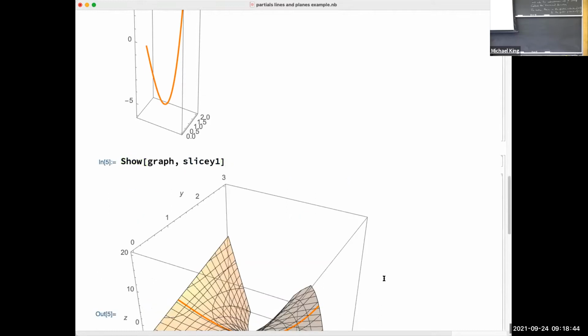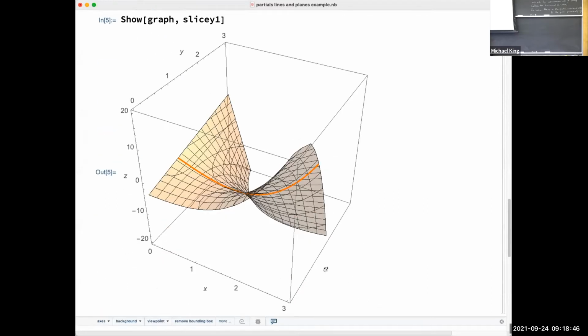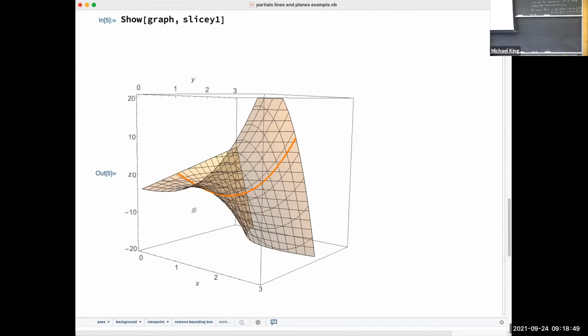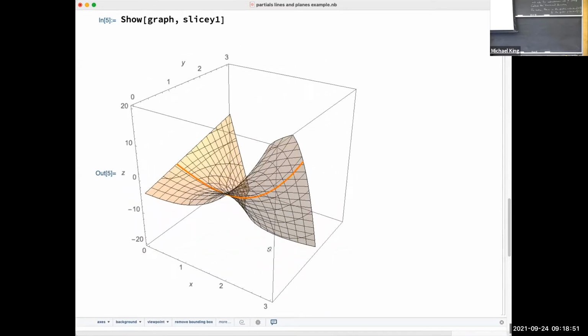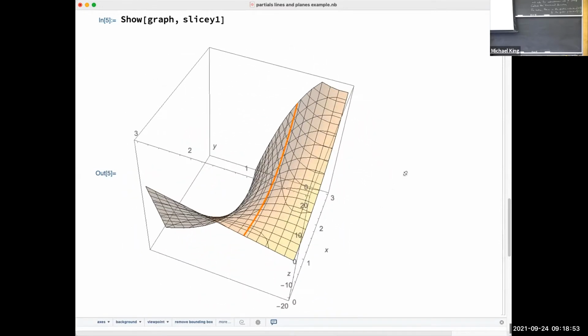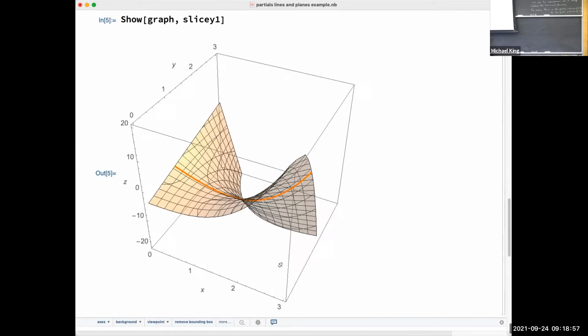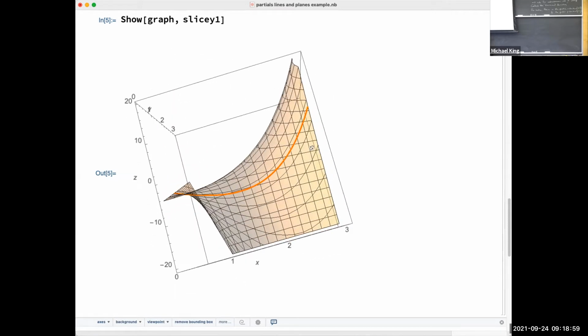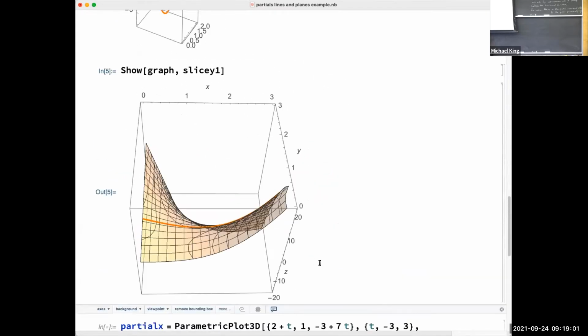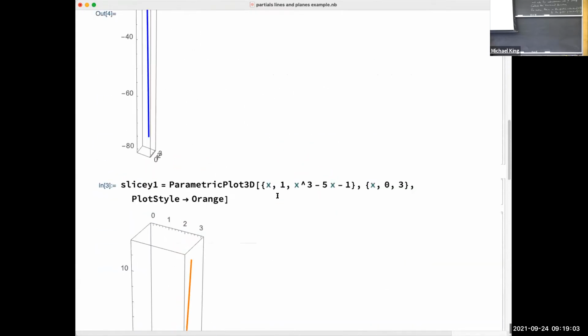So this is a specific slice of the graph. Can you guys see that orange? This is a specific slice, and it's the slice when y equals 1. We will talk about parametric curves later on in the semester, because if you want to think about curves in 3D space, you basically just describe all the points.